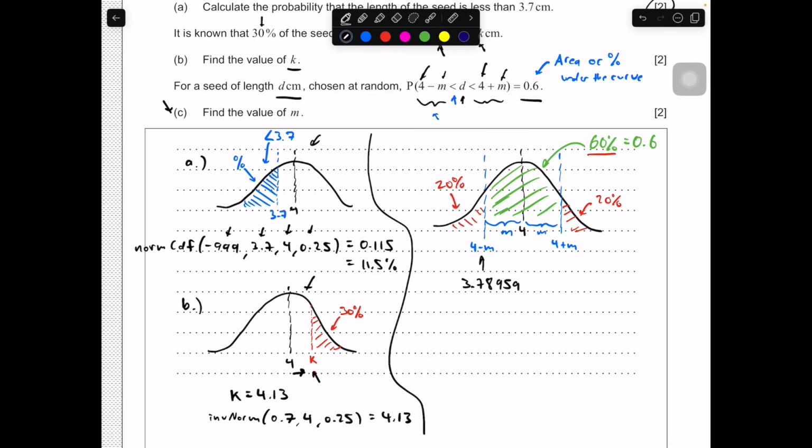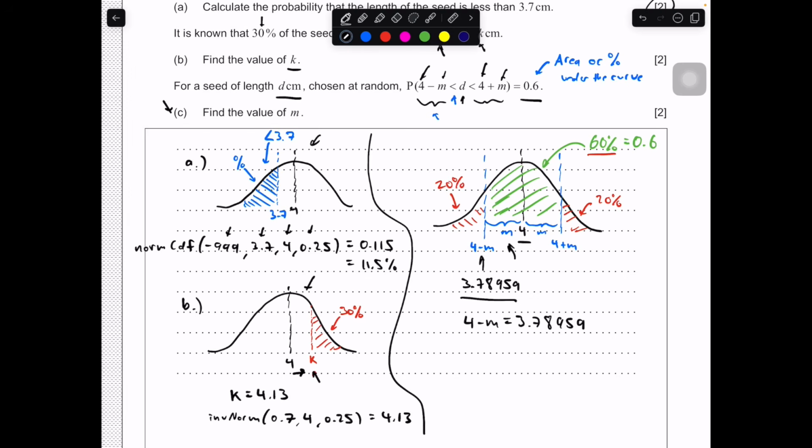And so what did we say? If this is 4 minus m is equal to 3.78959. Essentially we're asking what is the difference between this cutoff point and this. That's what m is. m is the difference between the center value and this cutoff point. So 4 minus m is equal to 3.78959, or the distance between 3.78959 and 4.